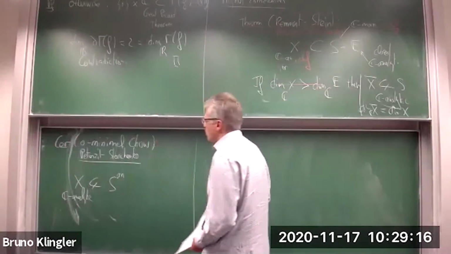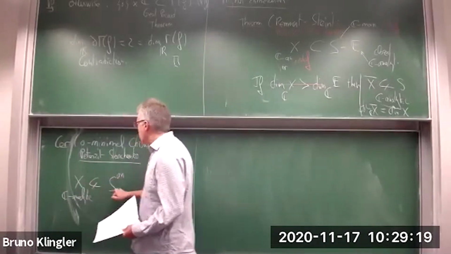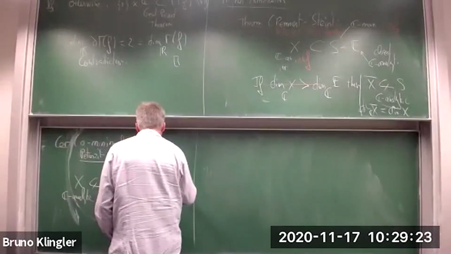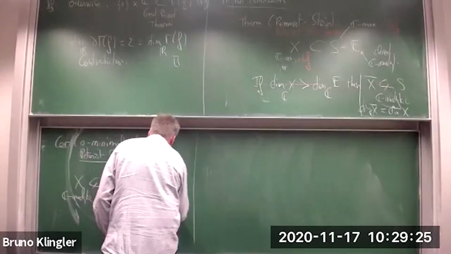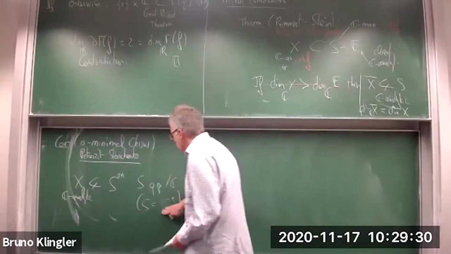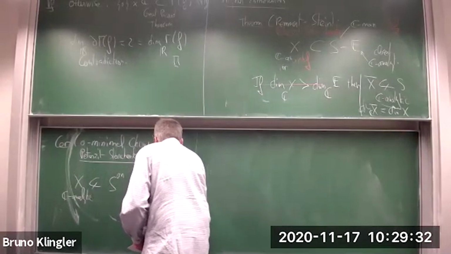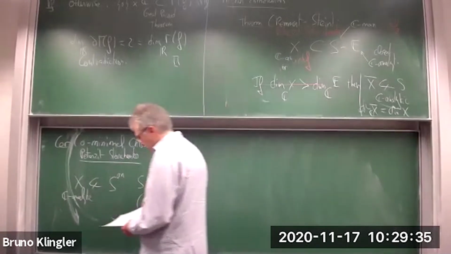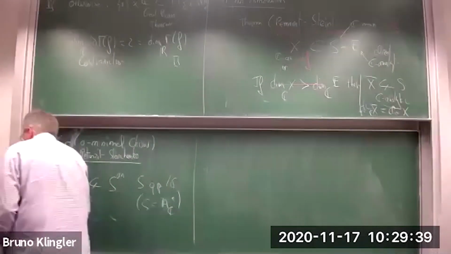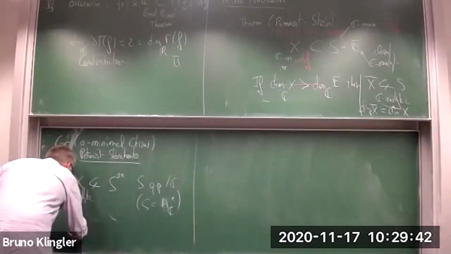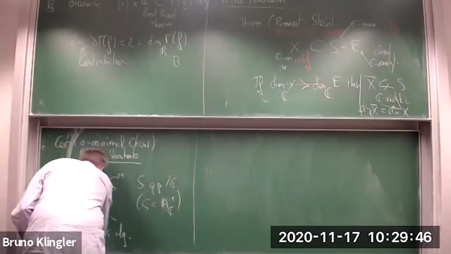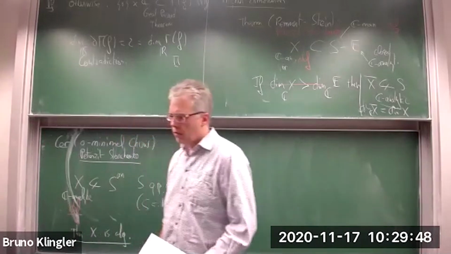All right, and what you would like to conclude is that in fact X is algebraic inside S. So S here is the projective space over C. You can just think that S is a C-defined space. Then, if you just put the assumption that this is definable, then X is algebraic. Okay.